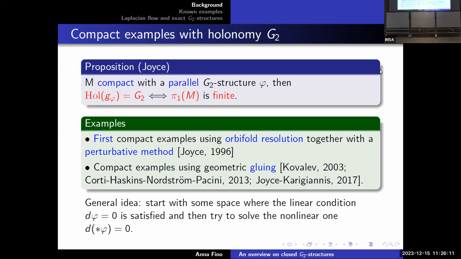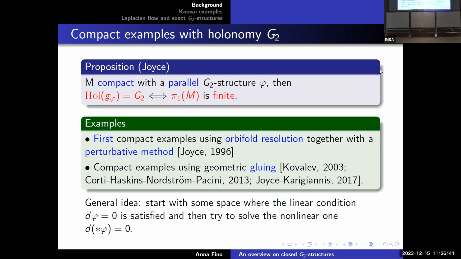This was a difficult task, and the first thing that one can remark is you have a strong restriction on the topology in this case. If you take a compact manifold with a parallel G2 structure, then having holonomy G2 corresponds to a finite fundamental group. The first examples were constructed by Joyce, essentially using orbifold singularities together with a perturbation method.